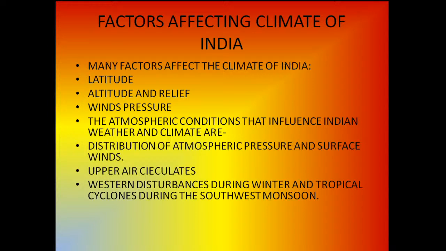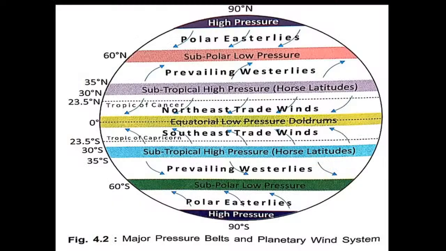The atmospheric conditions that influence Indian weather and climate are the distribution of atmospheric pressure and surface winds, upper air circulation, western disturbances during winter and tropical cyclones during the southwest monsoon.